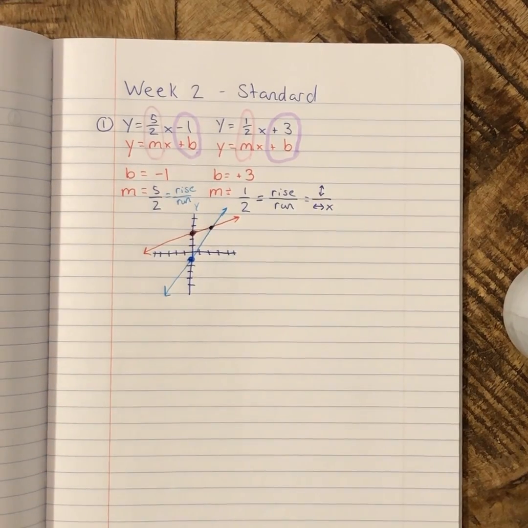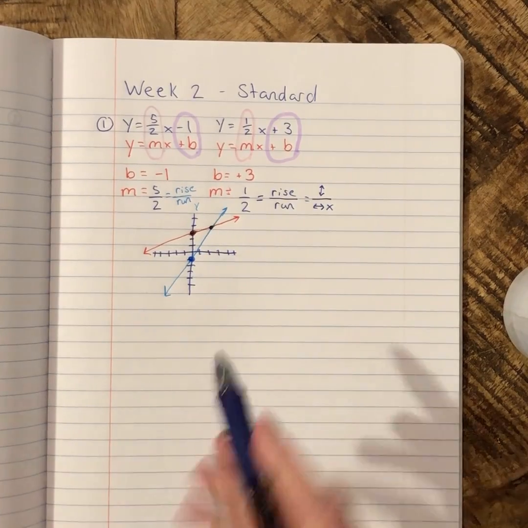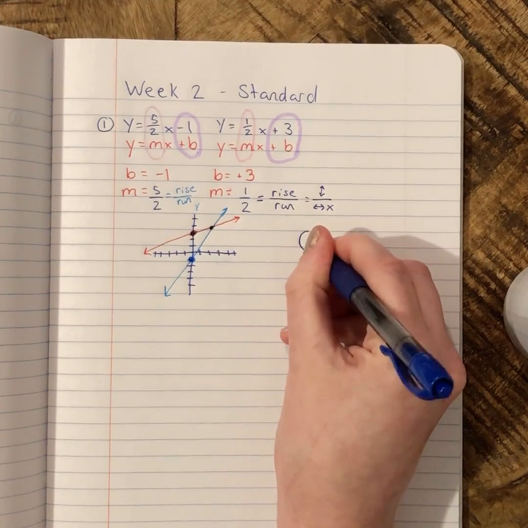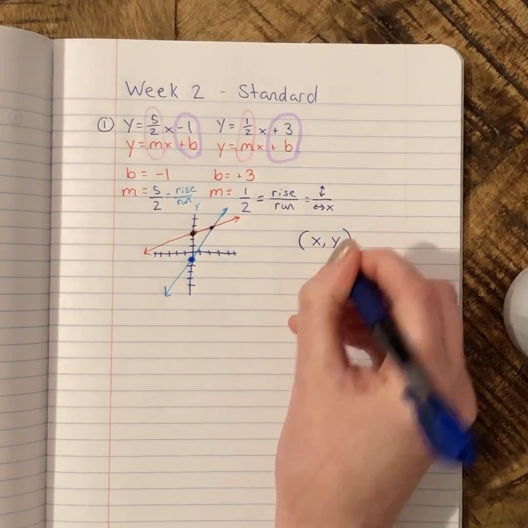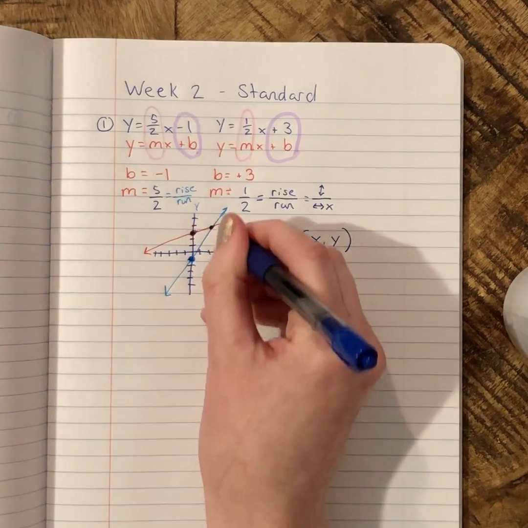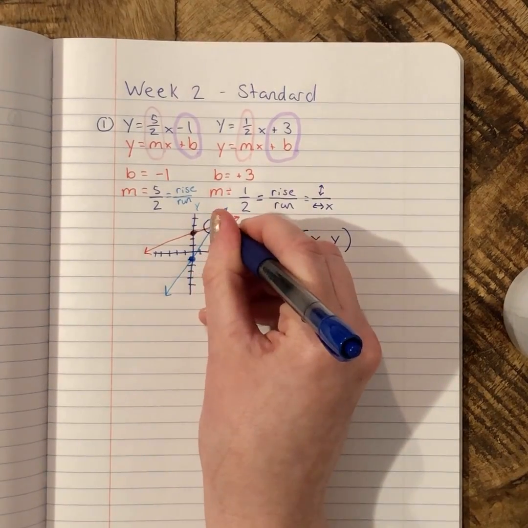My final step is to find the point of intersection. So every time we're doing these, we are trying to find the x and y value where these 2 lines intersect. And we can see that on this graph, they cross right here.